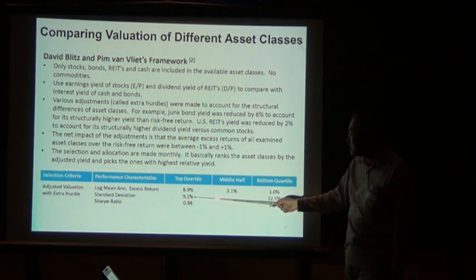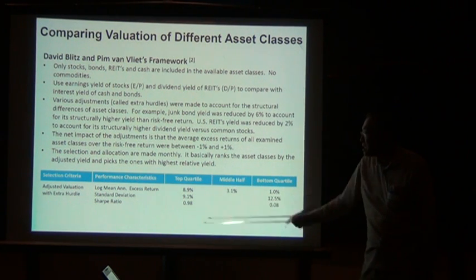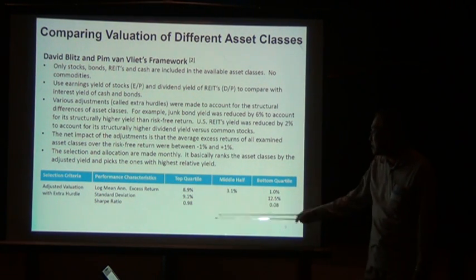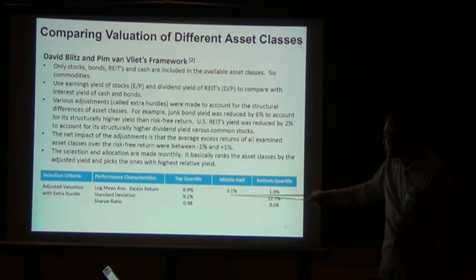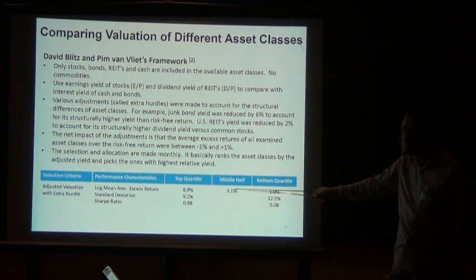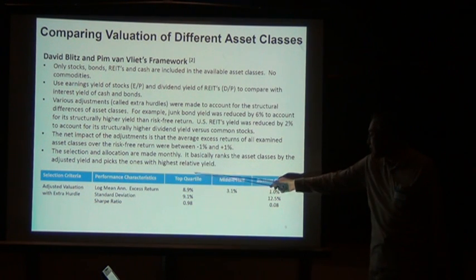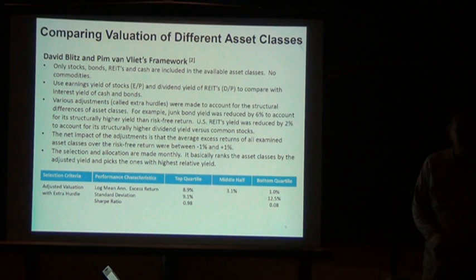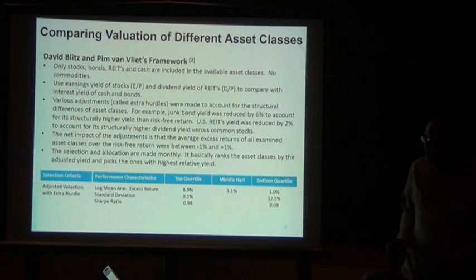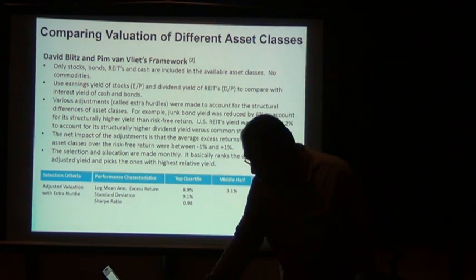Standard deviation is 9.1. The Sharpe ratio is 0.98, and the middle half is not doing as well as the top quartile. The bottom quartile is doing quite poorly. Okay. So what does all this mean?